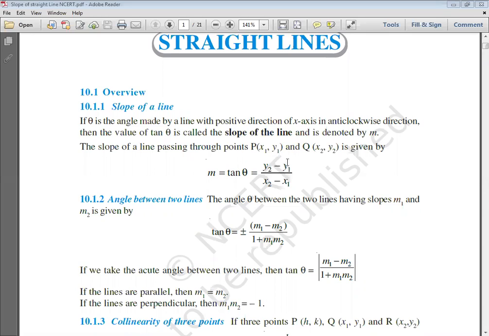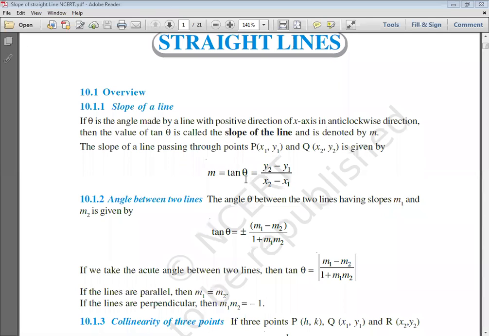So we have slope in two ways. First, if a line is inclined with the positive direction of the x-axis at an angle theta, then the slope of the line is tan theta.